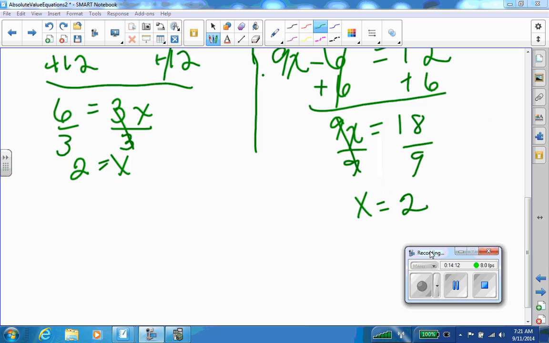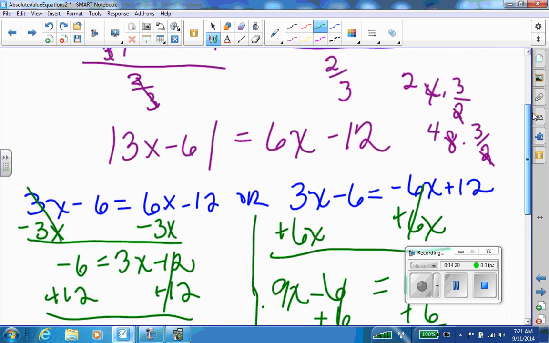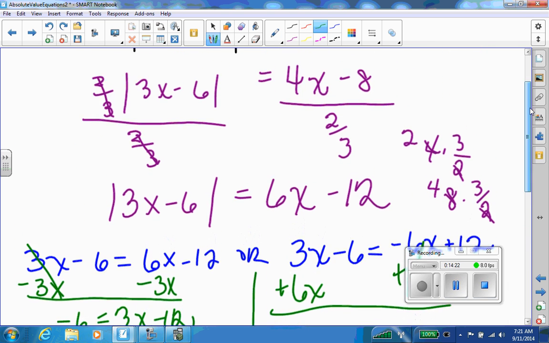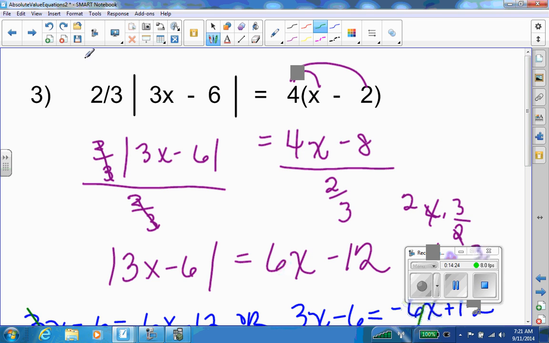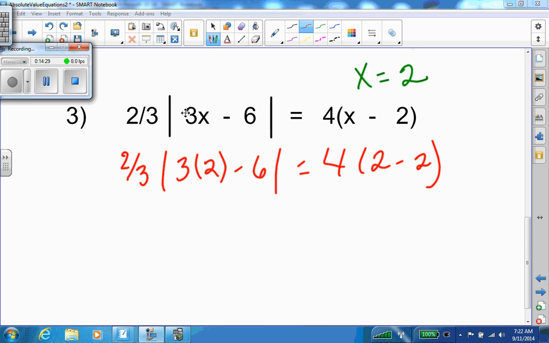So the next thing we need to do is check our solutions to see if 2 is indeed a true solution for this absolute value equation. So we're going to always go back to the very original problem to do that checking. So substituting 2 in place of the x in the original problem will simplify. So inside the absolute value, 3 times 2 is going to give us 6.